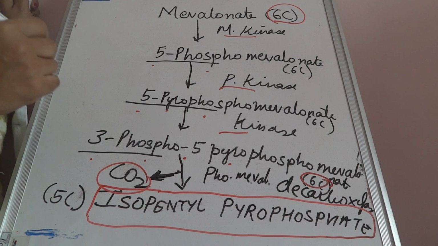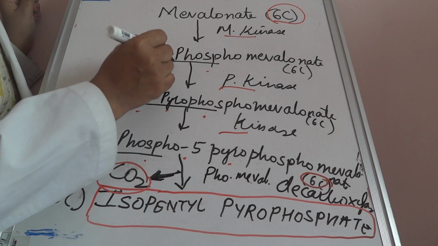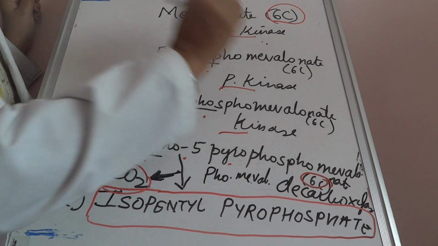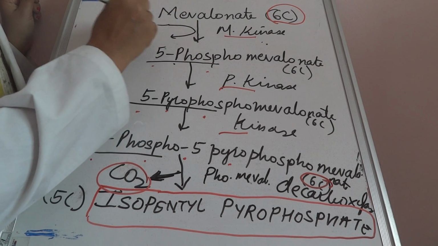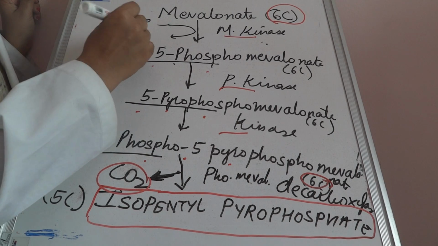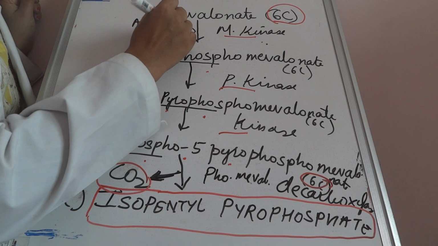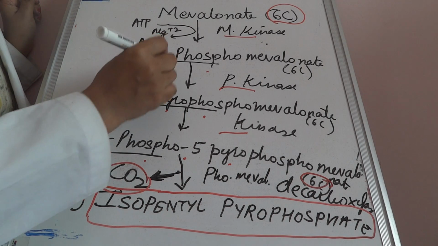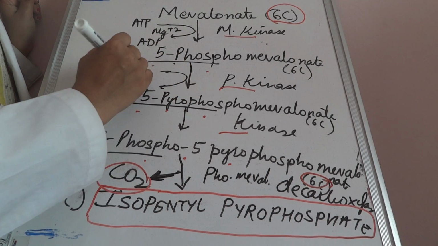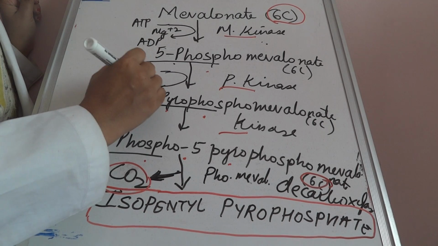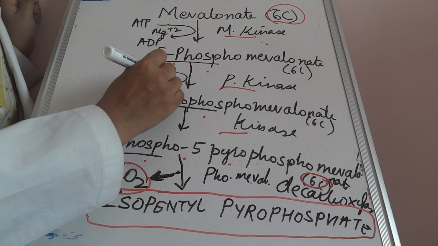Now the important thing is, whenever you add phosphate you have a kinase, and whenever you have a kinase enzyme, ATP is utilized, and whenever ATP is utilized there is a mineral called magnesium. So in every step you have to write ATP, ADP and magnesium.